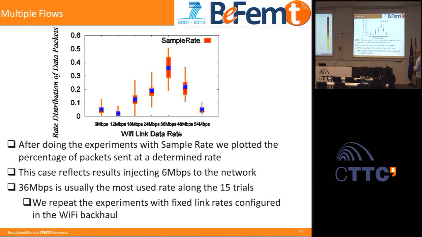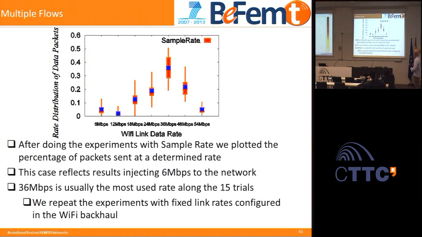In this graph, we see the choices taken by the sample rate auto rate algorithm for the Wi-Fi links, and we plot the distribution of the packet delivery ratio of data packets given those choices.